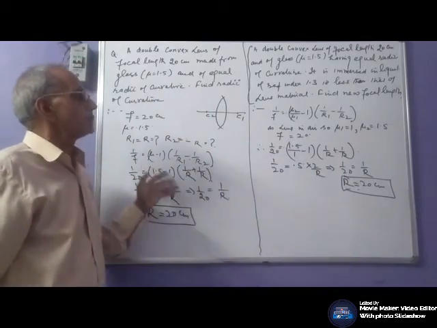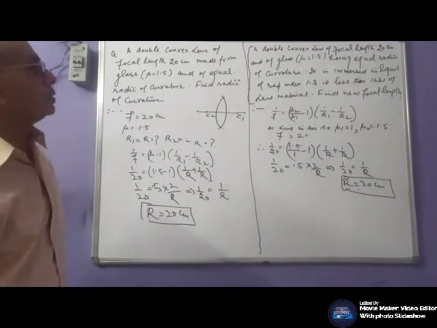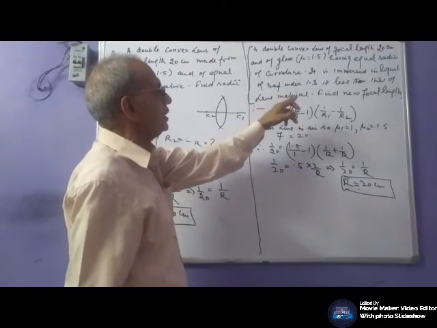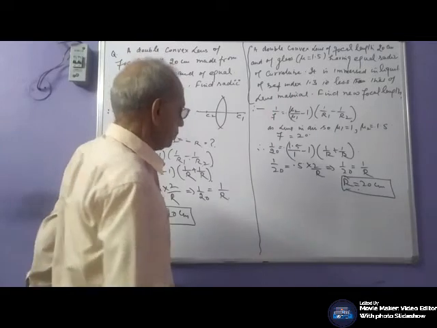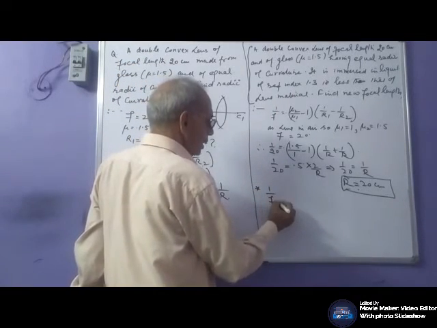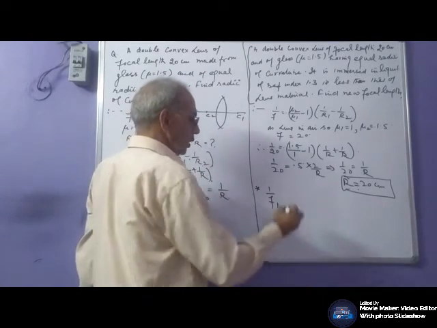First part similar. Now the question: it is immersed in liquid of refractive index 1.3, that is less than lens material. Find focal length. Let this be the focal length we have to find out.